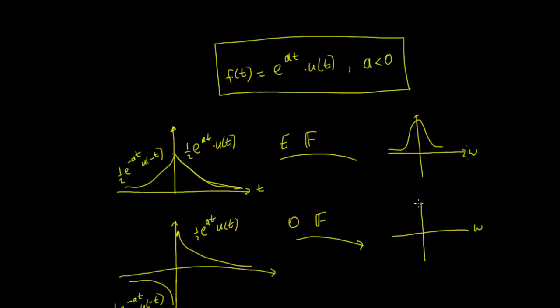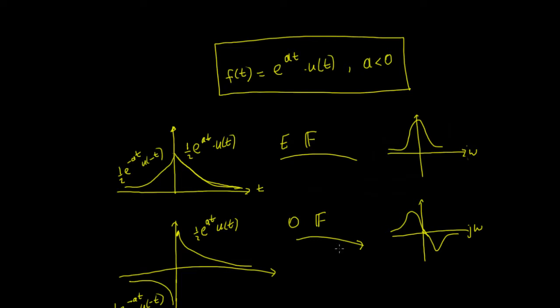So that's our omega axis, the j omega axis. It's going to look something like that.